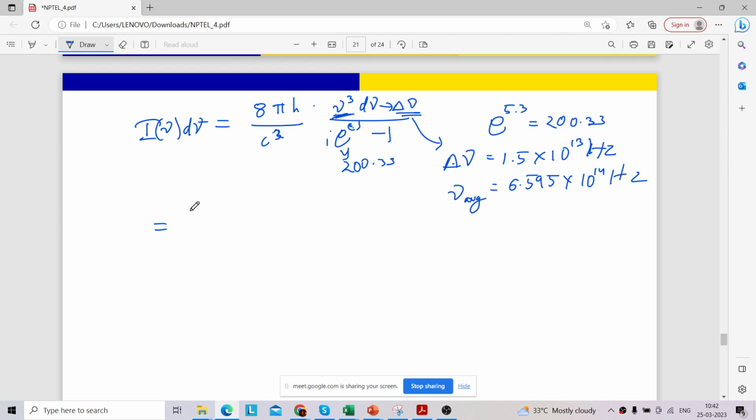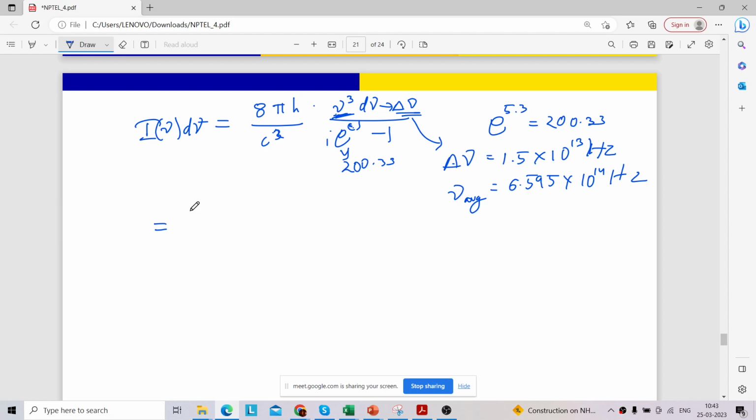Let me do it also, you do it. Planck's constant value 6.626. 200 minus 199.